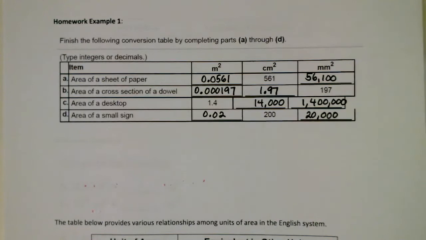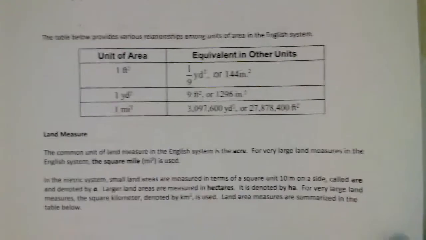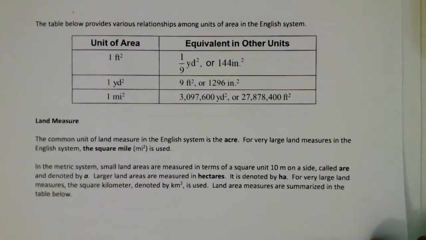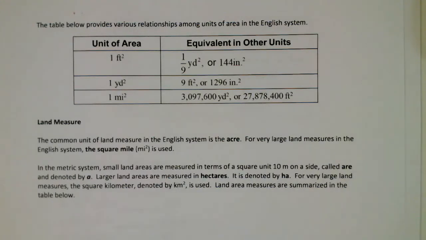Okay, now let's go to the English system here. The table provides various relationships among unit areas in the English system. In this case, if we have 1 square foot, its equivalent would be 1/9 of a square yard or 144 square inches.